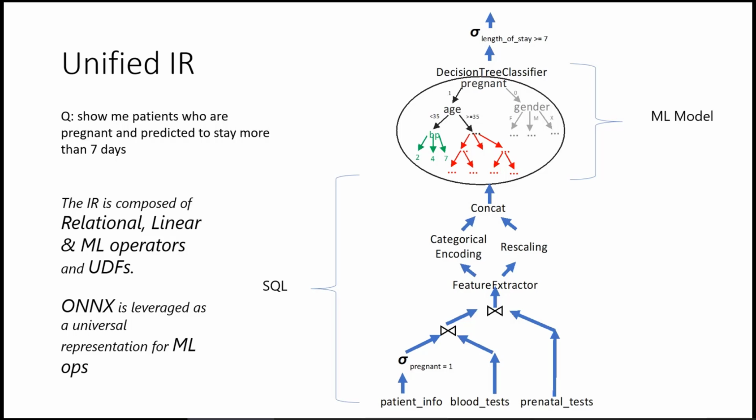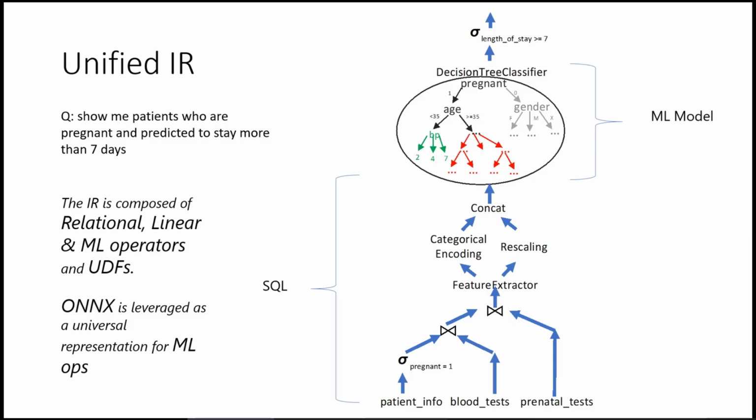So here, basically, machine learning models can be considered graphs of linear and ML operators. And SQL expressions can also be considered as graphs of SQL operators. So your graph of your joins, your filters, and predicates. For example, in this case, the predicate is pregnant is equal to 1. So they are very similar in the sense that they can all basically be represented as DAGs, acyclic graphs of transformations.